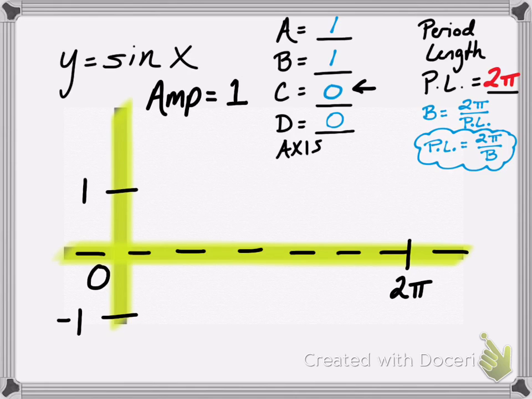Now, if you remember the critical points, the critical points occur at the beginning, 1/4 of the way, half of the way, 3/4 of the way, and then the very end. The best way to do that, in my opinion, is to first take this period length and cut it in half. 2 pi divided by 2 is just pi. And then take this little section here and cut it in half. You don't even have to create a label for it. And then take this section and cut it in half.